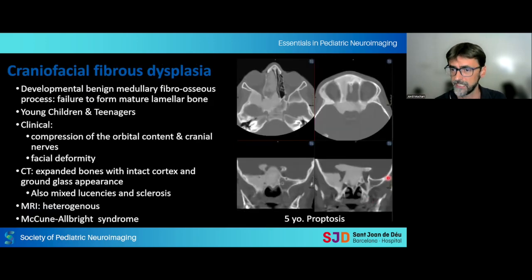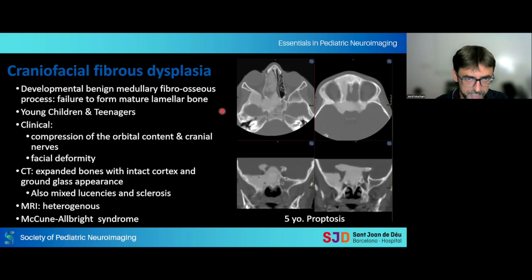This entity is quite straightforward. It's craniofacial fibrous dysplasia, which is a developmental benign medullary fibro-osseous process in which there is a failure to form mature lamellar bone. That's why it has its appearance. We will look for expanded bones with intact cortex and a ground-glass appearance.